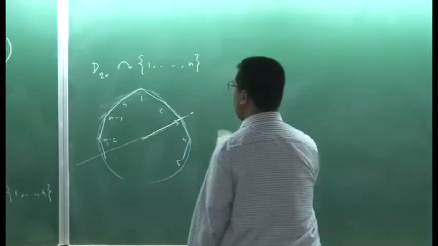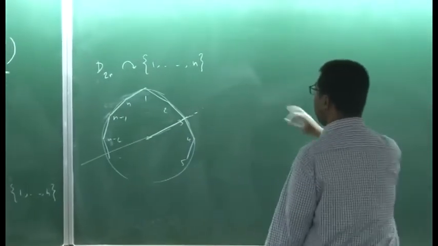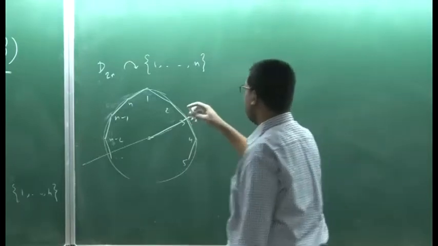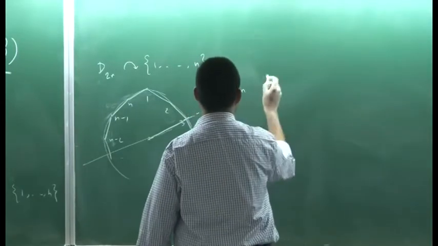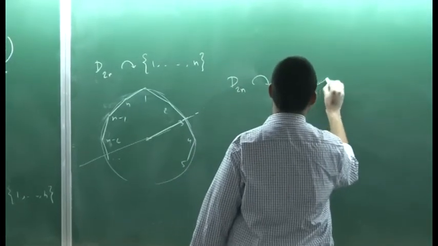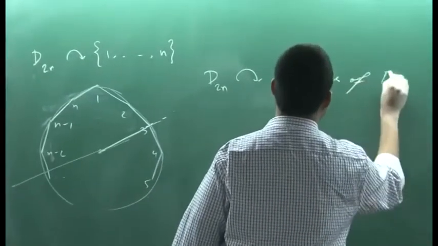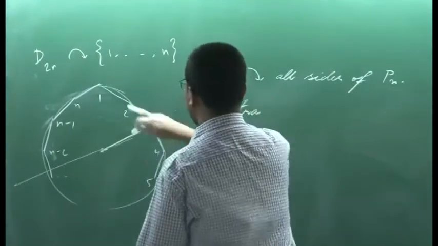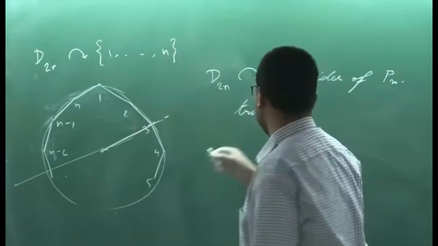Another example of an action of D 2n is its action on the set of all sides of the n-gon. This is also transitive, because by rotating you can send any side to another side.